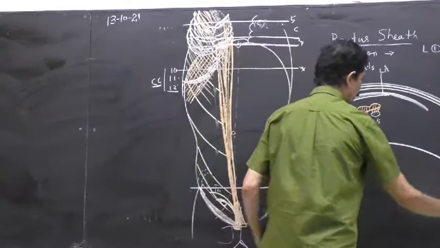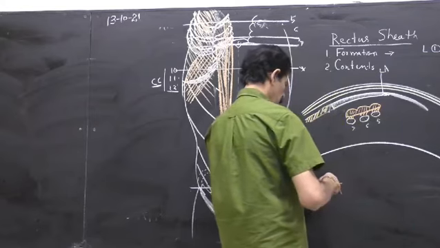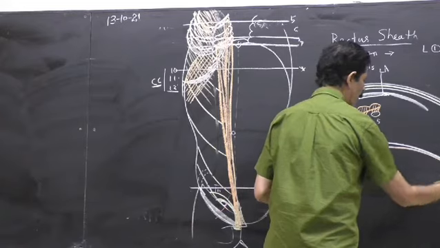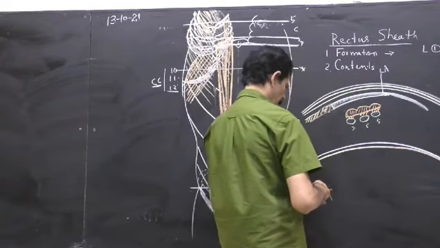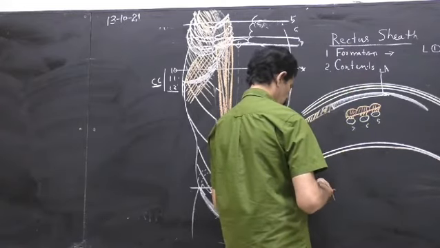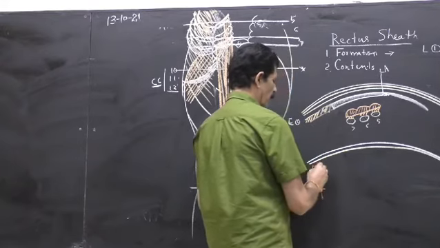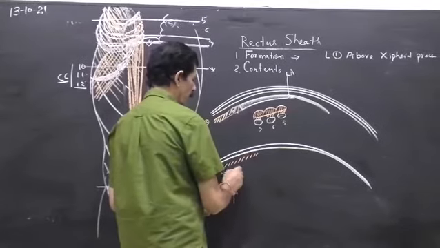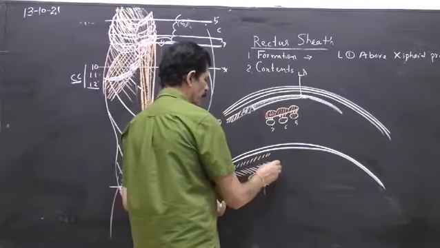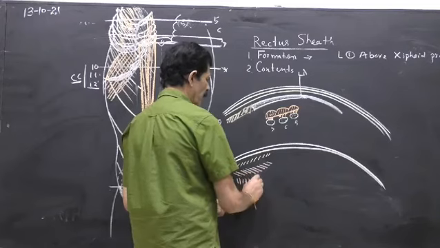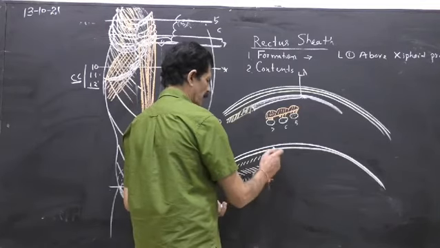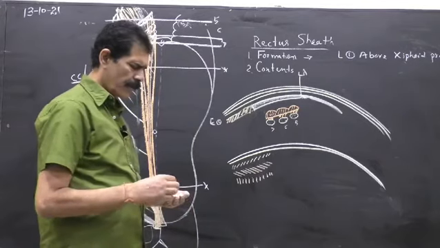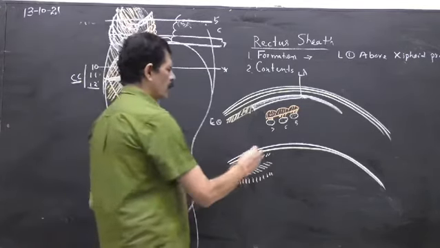First layer is the skin, then Camper's fascia, the fatty layer of the abdomen, then external oblique muscle, then internal oblique, then transverse abdominis only up to linea semilunaris. Beyond this goes only the aponeurosis of the external oblique.